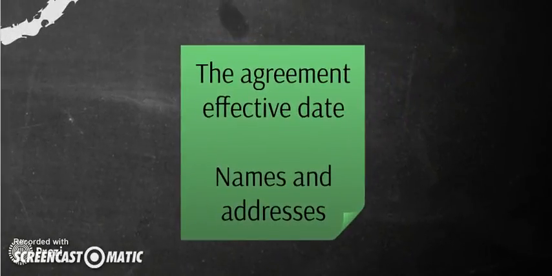Now we're going to cover the basic elements of a non-compete agreement. First is the agreement effective date. This is the date on which the agreement will start protecting the protected party, which is the party requesting the non-compete agreement, from the non-competing party, which is the party that is prohibited from working for a competitor of the protected party.